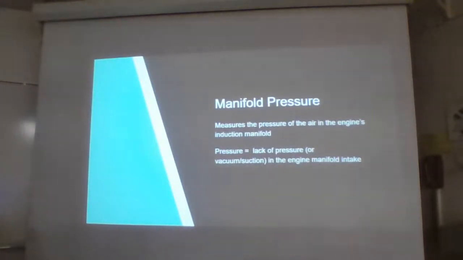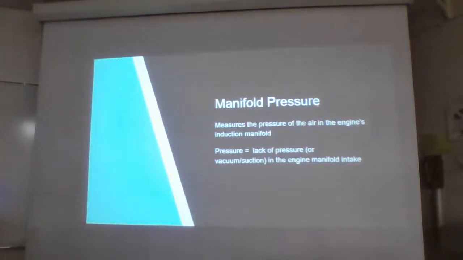Okay, so manifold pressure. We're going to go over the manifold pressure gauge and talk about some of the factors of that, and some of the markings on the gauge. The manifold pressure gauge measures the pressure of the air in the engine's induction manifold. I want you to be familiar with these two sentences because you are going to see them both.